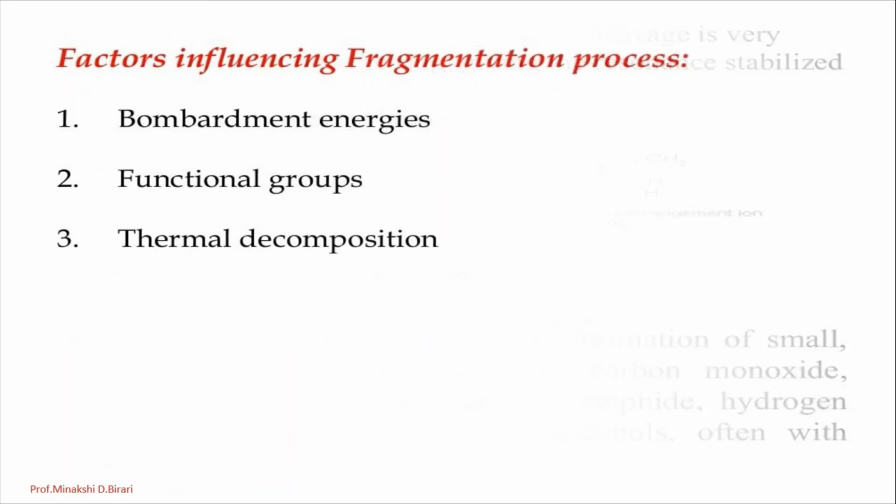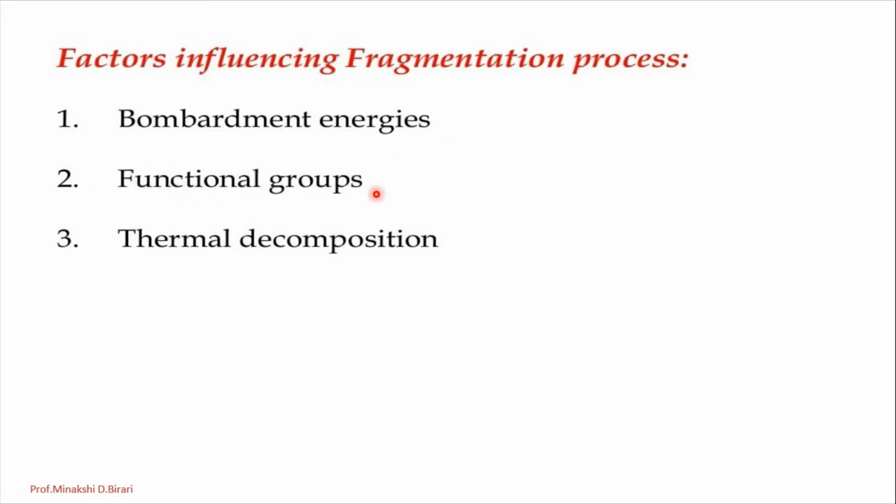Now there are different factors which influence the fragmentation process. The first important factor is bombardment energy. How much energy is used for bombardment leads to the formation of a molecular ion, and depending upon that, the fragmentation shows variation. The second important factor is the functional group.